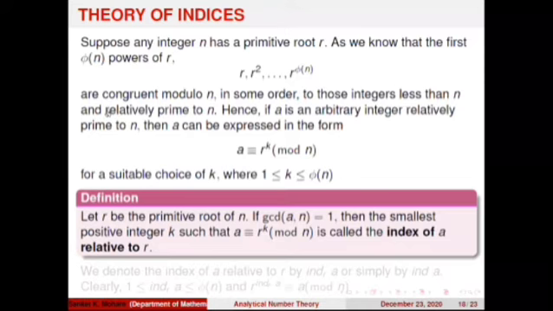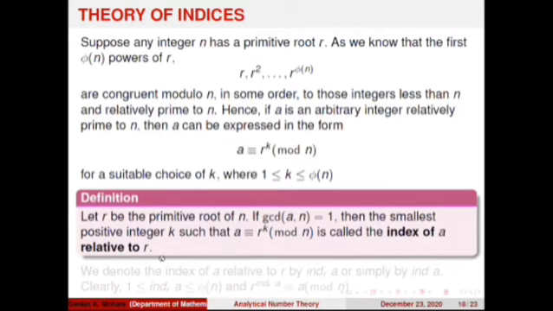So let's have the definition. Let r be a primitive root of n. If GCD of a with n is 1, then the smallest positive integer k such that a is congruent to r to the power k modulo n is called the index of a relative to r.